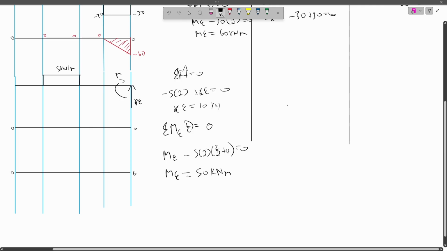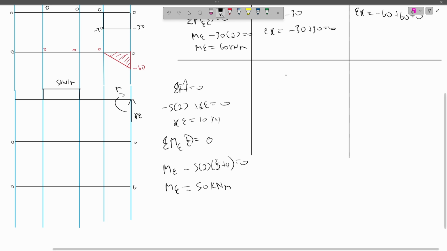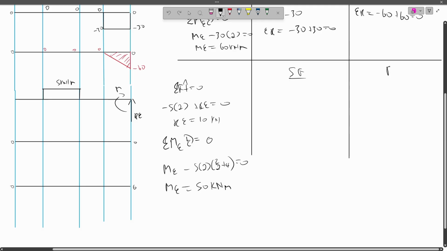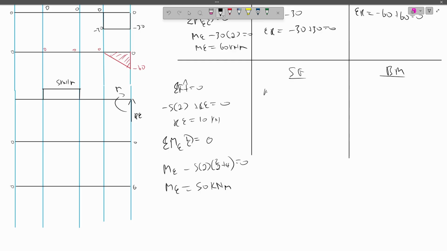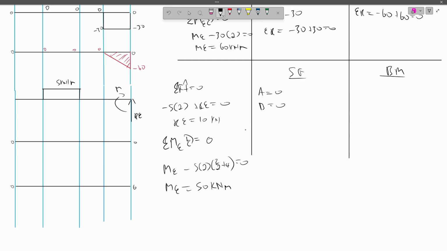Then our shear force diagram, from A to B. Our A is 0. Our B is 0. Our C is minus 5 times 2, which is minus 10. D is minus 10. Our D is here.